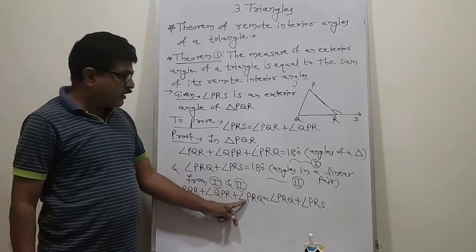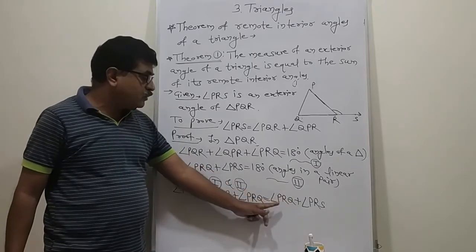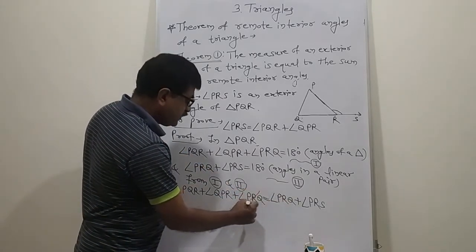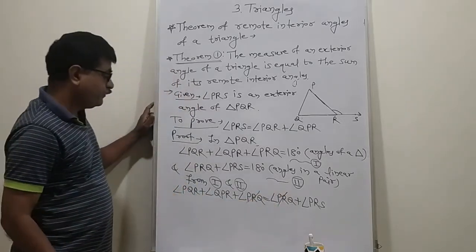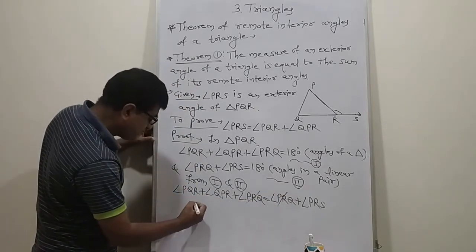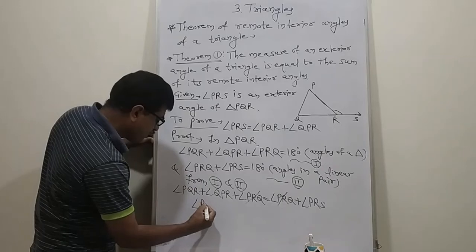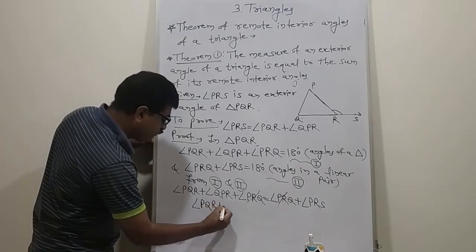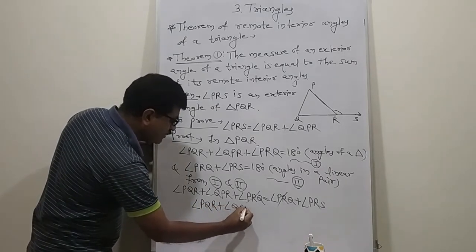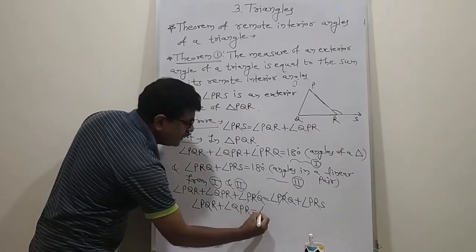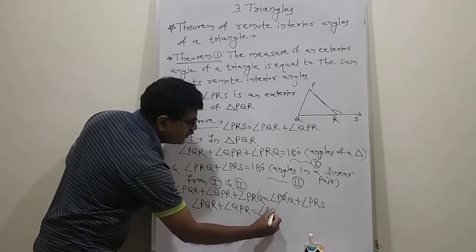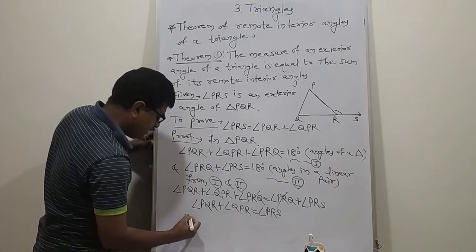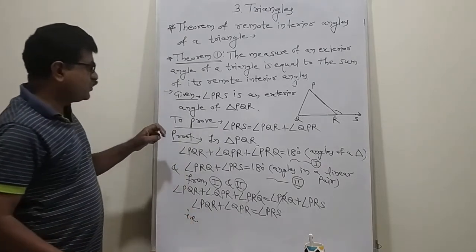Now here angle PRQ is added on both sides, therefore this gets cancelled. Write down the remaining: therefore angle PQR plus angle QPR is equal to angle PRS. Now what is to prove?